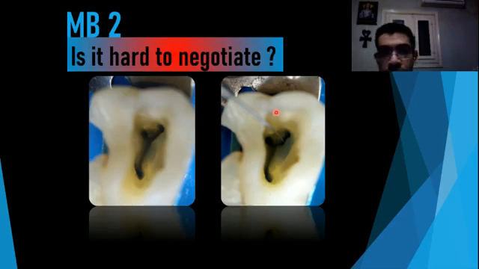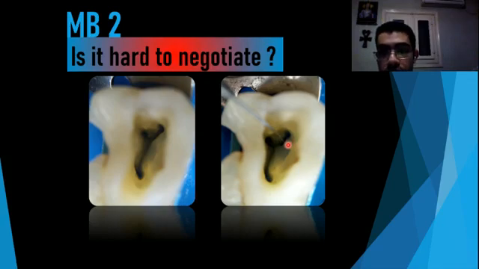I'll tell you something. In a case like this with the second mesobuccal canal, after preparation of the three canals, mesobuccal, distobuccal, and palatal, you start to search here and you can find a catch with your small file, a small file like number 10 or number 15, like in this photo.